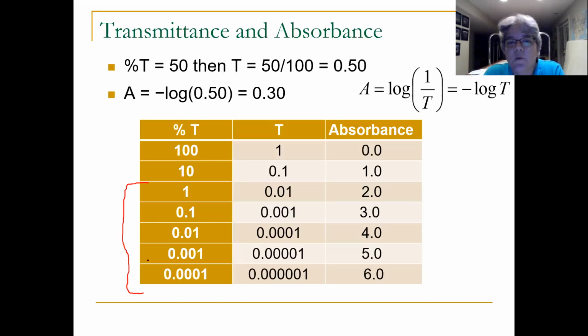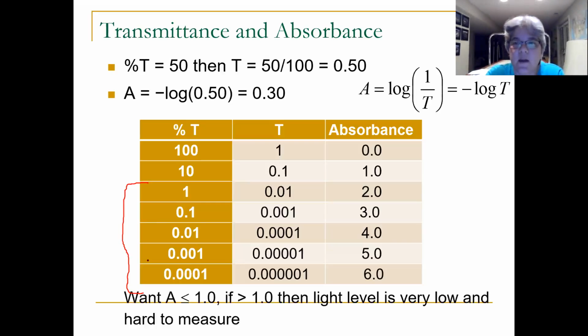So normally we always want to keep the absorbance less than 1, to make sure we have enough light we can measure. When the absorbance gets up to these really big numbers, the amount of light is very, very small, and we cannot measure that. If you have a really good quality instrument, then you might be able to go up to 2, but often we try to keep all absorbances under 1.